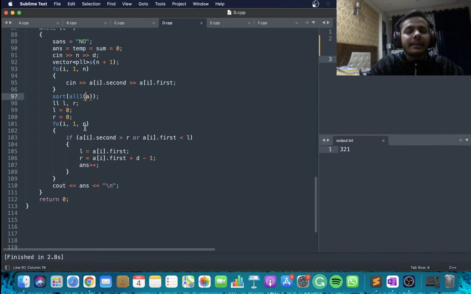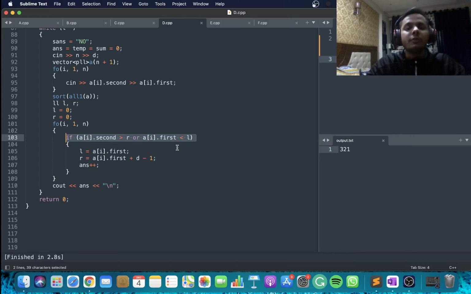Once I realize that my current wall has zero intersection with that interval, and the condition for zero intersection is that either its starting is after the ending of the interval or its ending is before the starting, then that means it has zero intersection with my interval. So that particular wall has not yet been destroyed, and I destroy it.